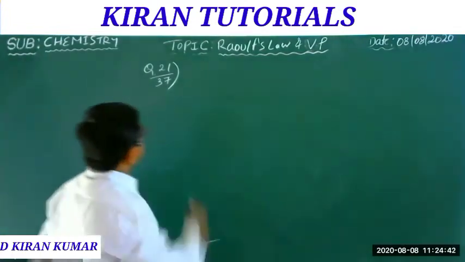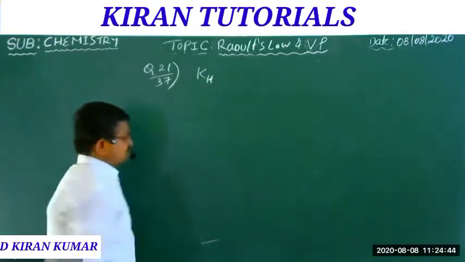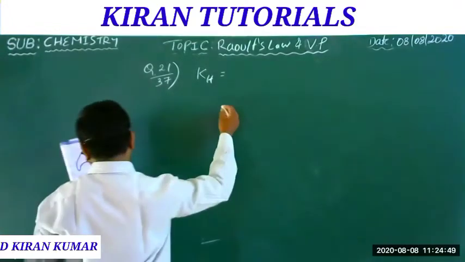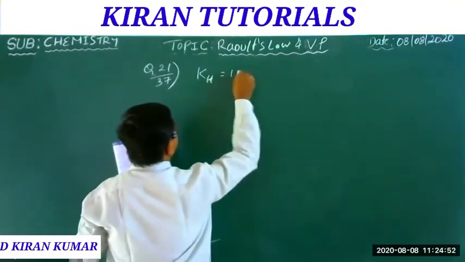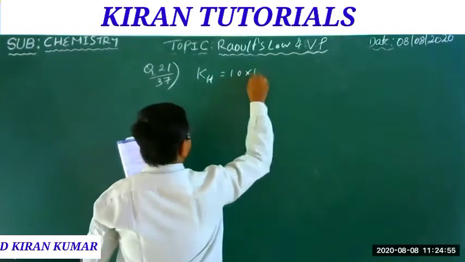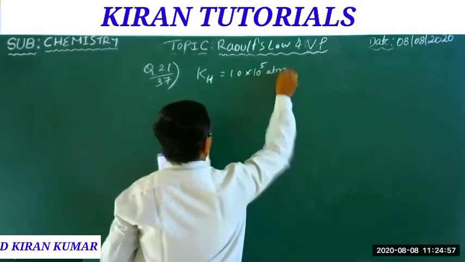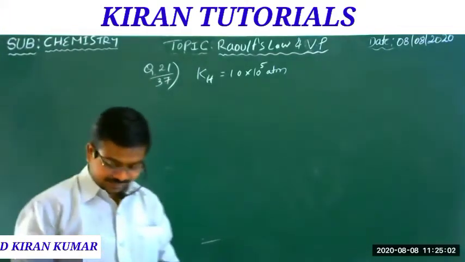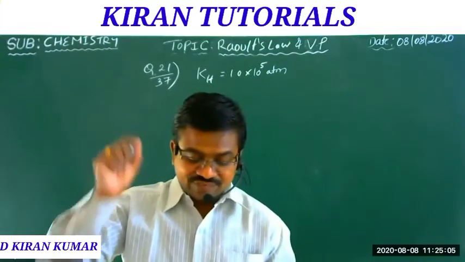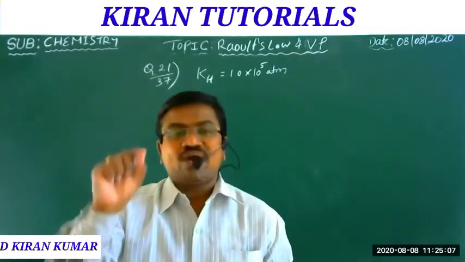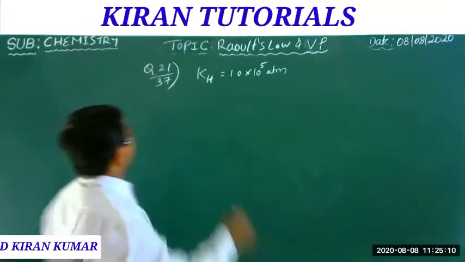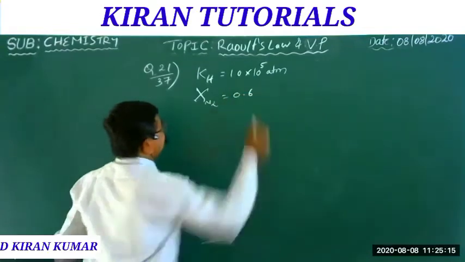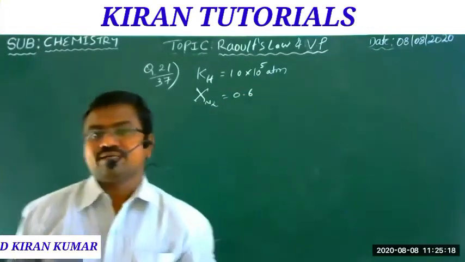So KH is equal to 1.0 into 10 power 5 atmospheric pressure. Then the mole fraction of N2 in air is 0.6. Okay.